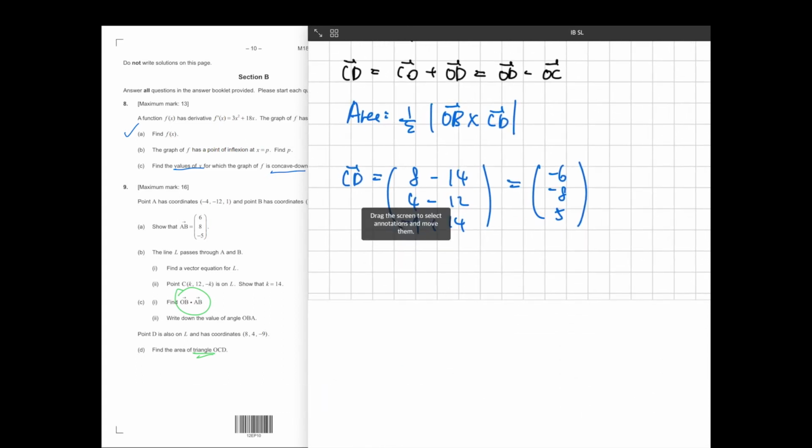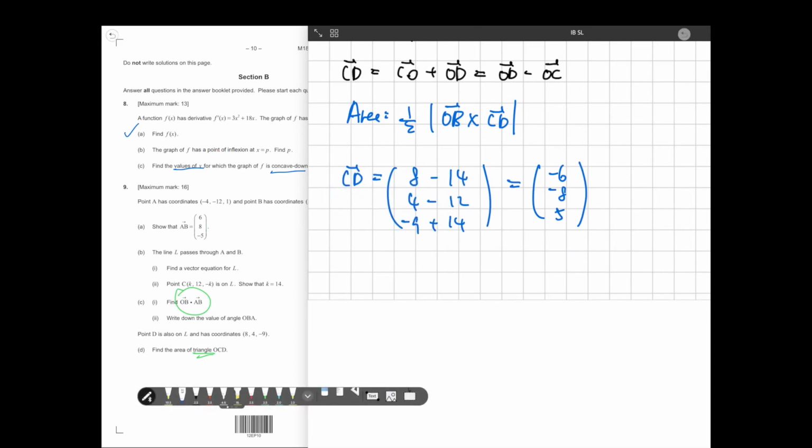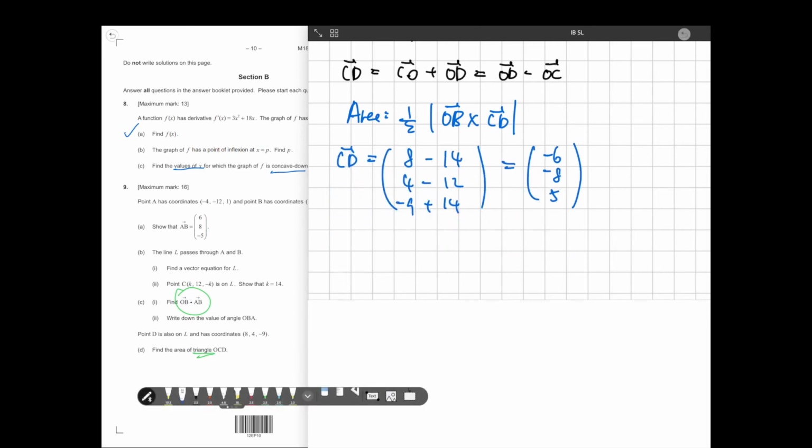And for the magnitude of this, OB will be just equal to 2 squared plus negative 4 squared, and then plus negative 4 squared, and then square root it. That is just equal to square root of 36.